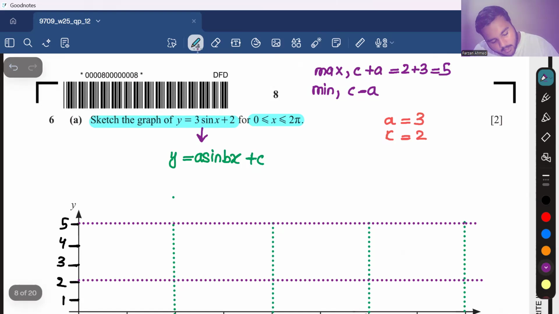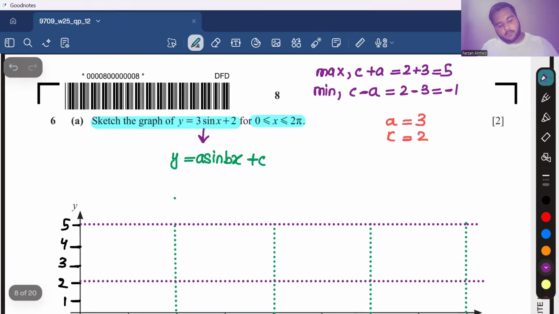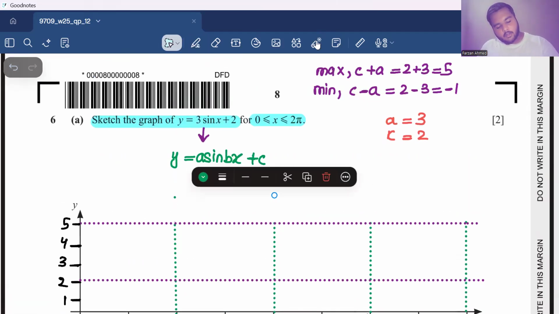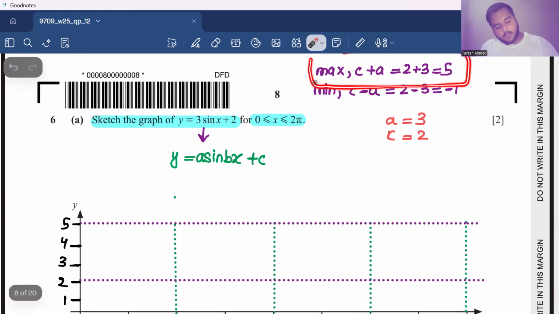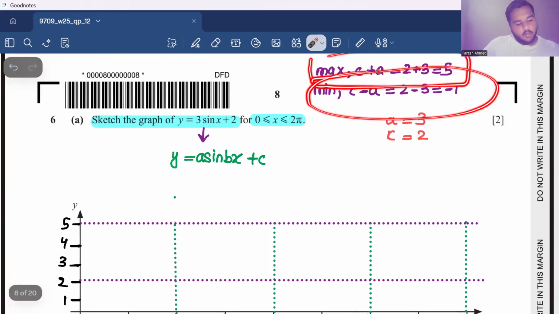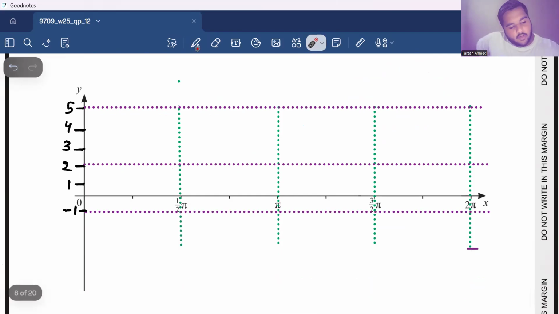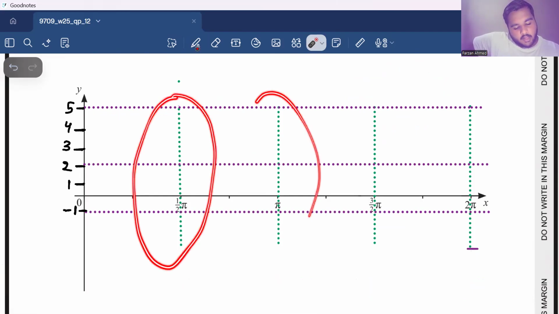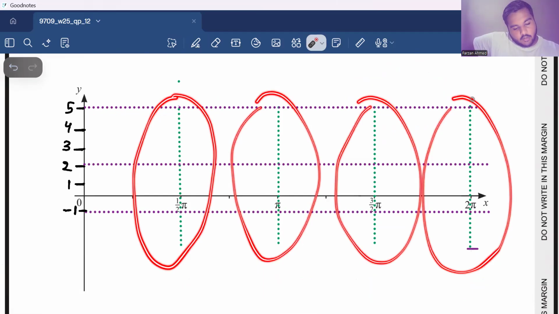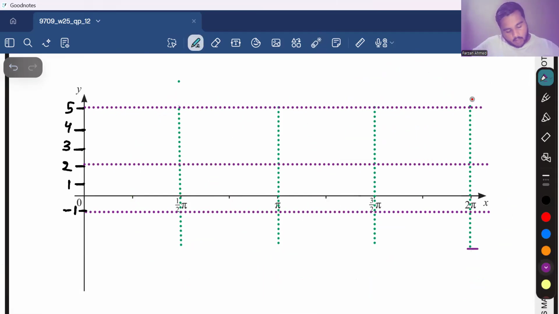And c minus a is 2 minus 3, this will be minus 1, sorry. So we have the maximum point and the minimum point. In the graph, look, this is the maximum point and this is the minimum point. We have made the lines to divide the graph. Now I'm making the graph.